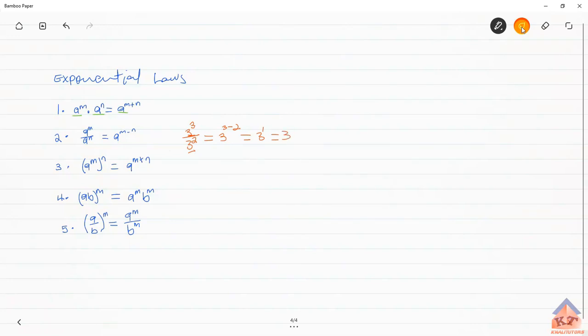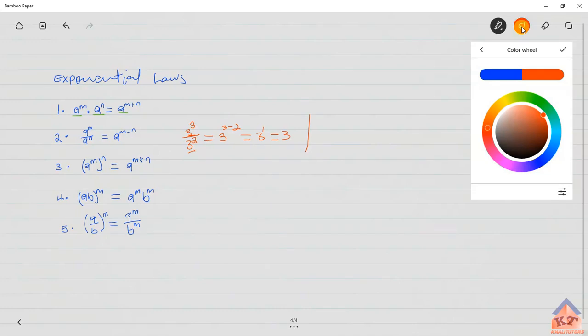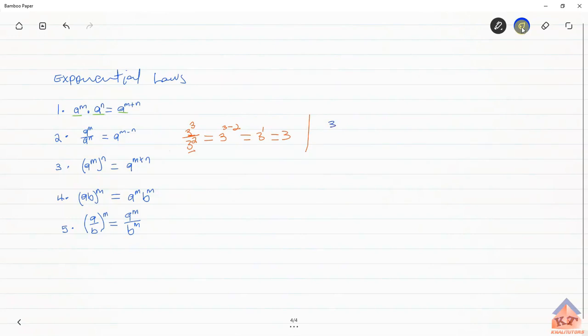So make sure that you subtract from the exponent in your numerator. If you were to do the opposite, let me show you what is going to happen. You'll have your 3 raised to the power 3 over 3 raised to the power 2, and then you will have something like this.